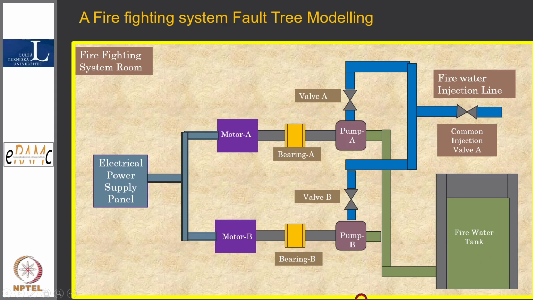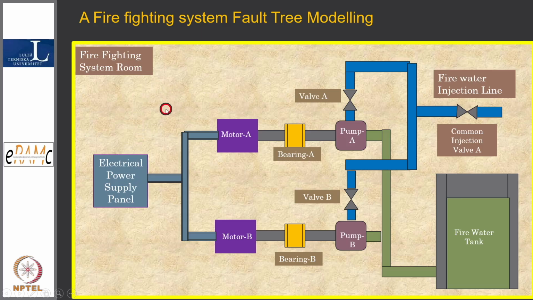So this is our fire injection system, and where are they located? I have shown here deliberately. They are located in a room, and it has got a small opening, because finally they are like any other industrial systems. Okay, so a firefighting room is there. Deliberately I have shown it because the room condition may affect a common cause phenomenon in electrical power supply.